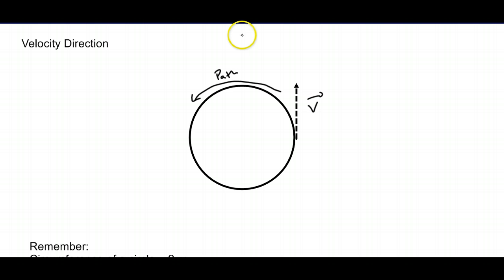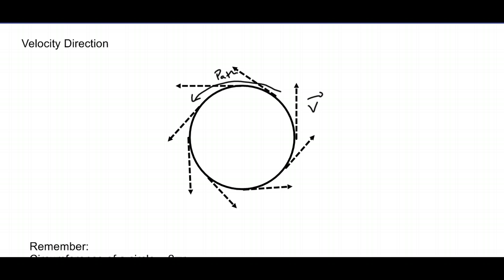We would see a similar thing if we were here. Our velocity would be going that way. Here, our velocity is going this way. Anywhere we go, we can draw the velocity.